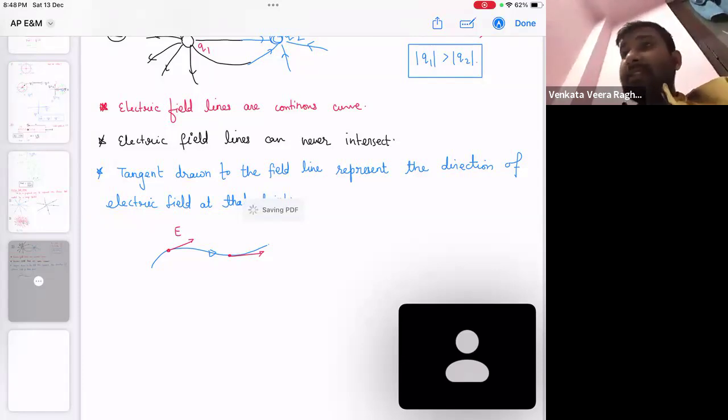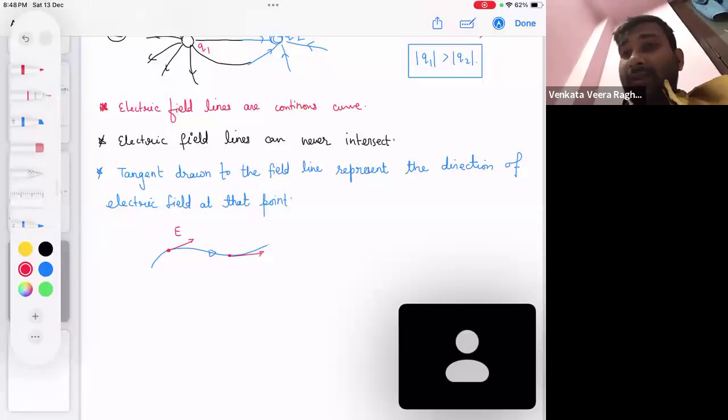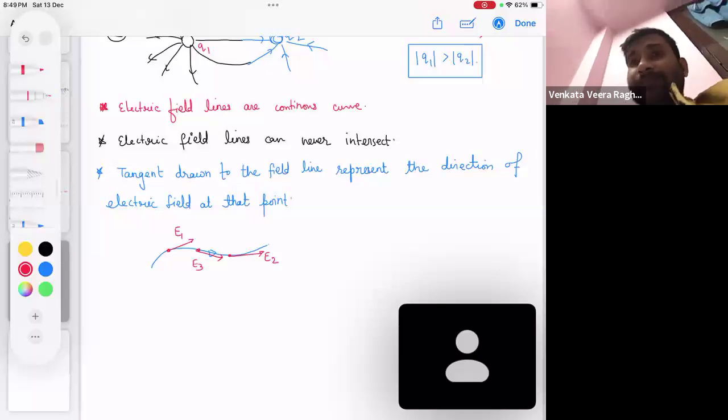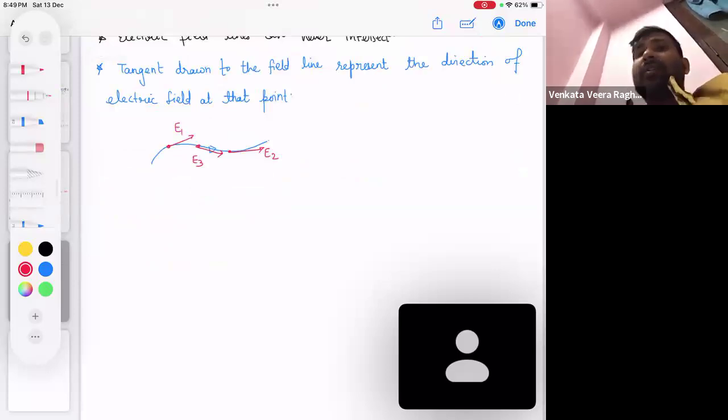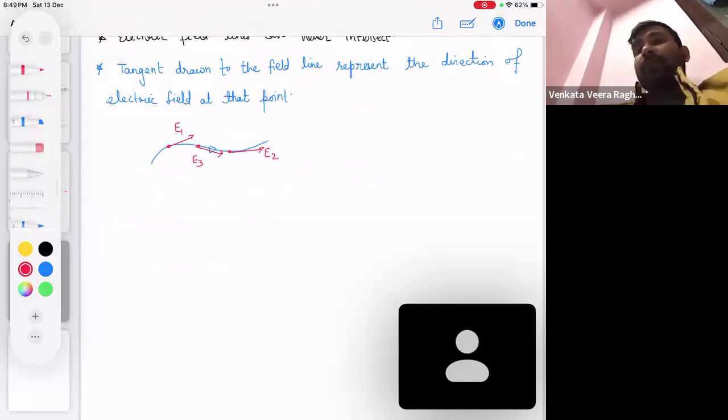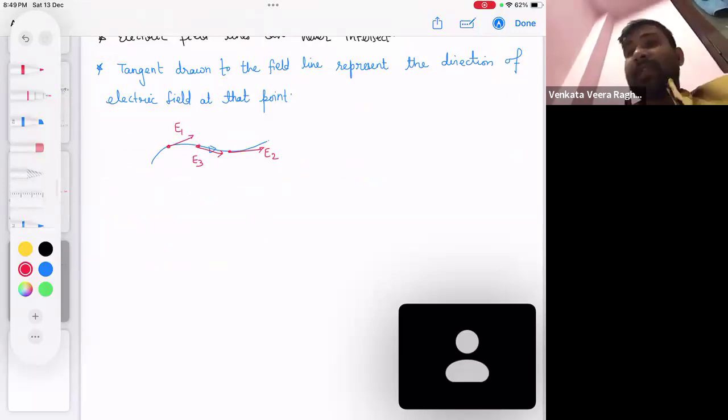Because you see the direction of field lines is changing. Direction of electric field is changing at different points in the space. So this is an example of non-uniform electric field. Okay, this point, what will it be? I should draw the tangent there, isn't it? Okay, so if you draw the tangent at any point on the field line, then that tangent will represent the direction of electric field at that point.